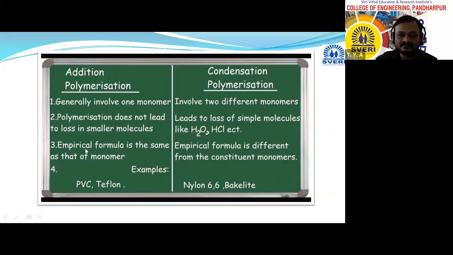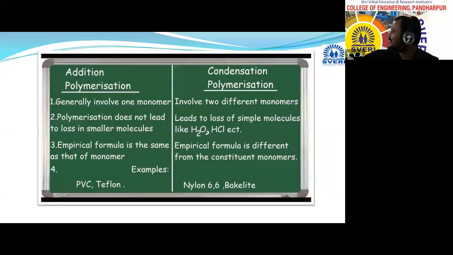Now, the empirical formula. This polymerization process will result in the formation of a polymer from monomer. Whichever polymer is formed by addition polymerization, its empirical formula, in short its chemical formula, is the same as that of the monomer.